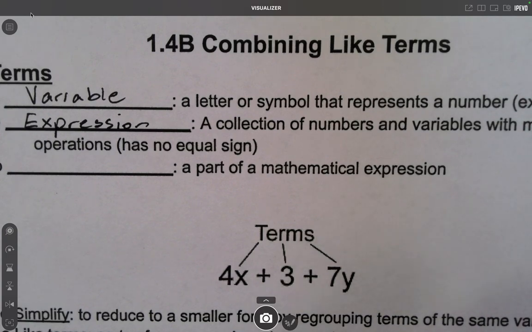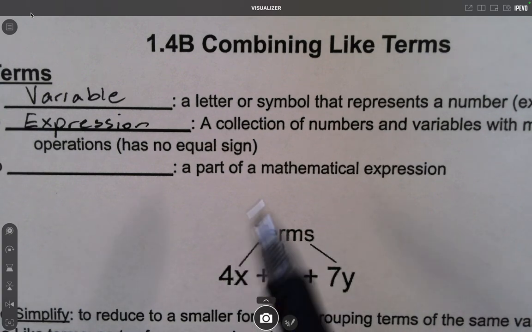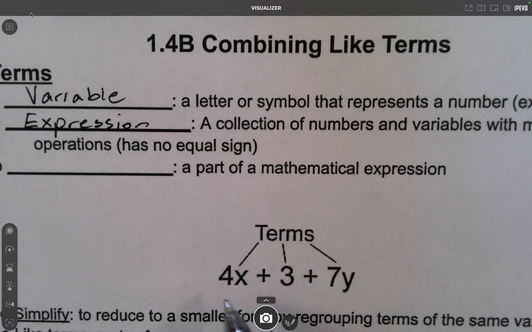But it's not an expression if it has an equal sign. If it has an equal sign, it's called an equation. But an expression is something like what you see down here, 4x plus 3 plus 7y. That's an expression. It's a collection of numbers, 4 and 3, and variables, x and y. And this one just has addition as its operations.